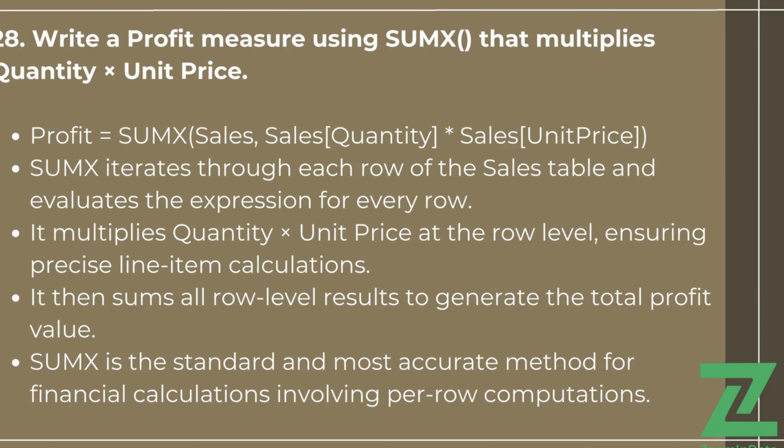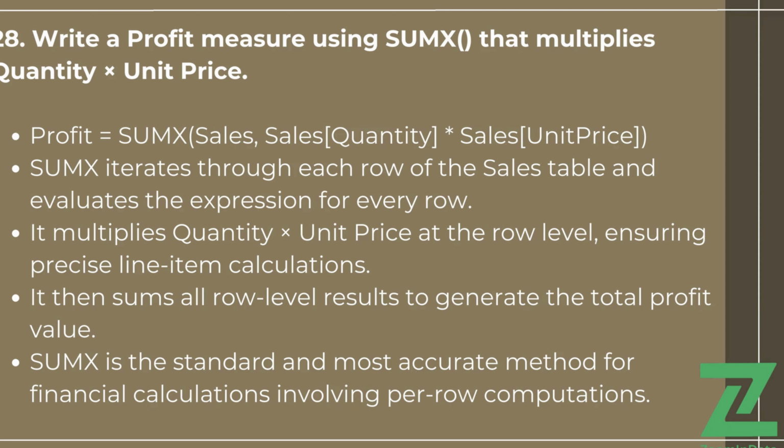28th question. How can a profit measure be written using SUMX in DAX to multiply quantity by unit price? The SUMX function goes row by row through a table and evaluates an expression for each row. It multiplies quantity by unit price at the row level, ensuring accurate line item calculations. After evaluating each row, SUMX adds all the results together to generate the total profit.